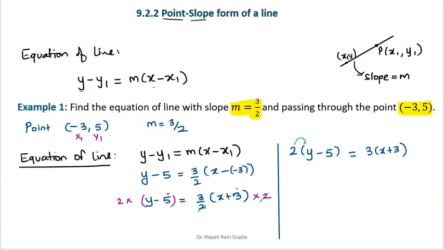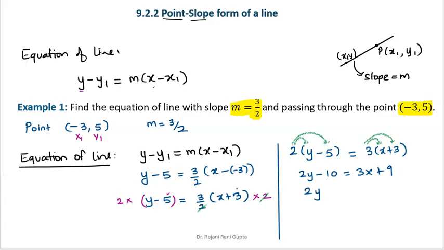Now using the distributive property on both sides, let's simplify. This gives you 2y minus 10 equals 3x plus 9. Now bring all the terms on one side, or just write y equal to x; in any form you can keep it.